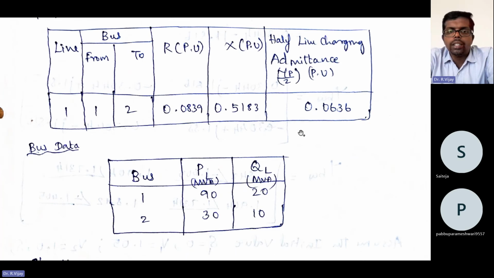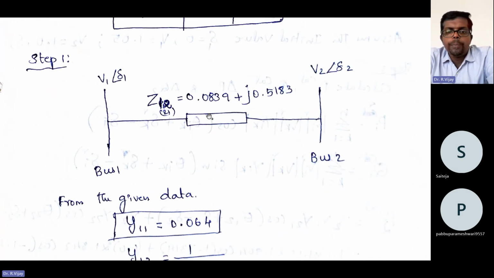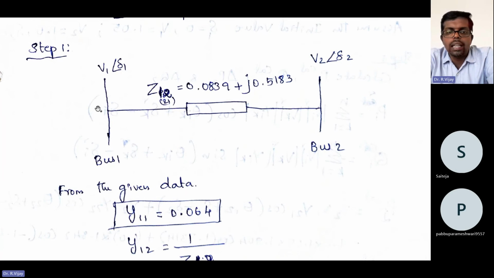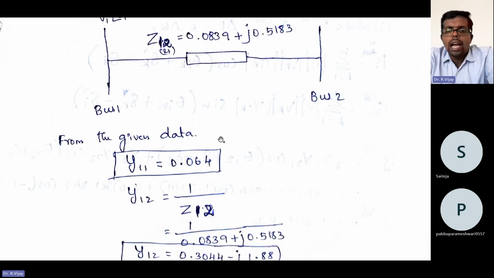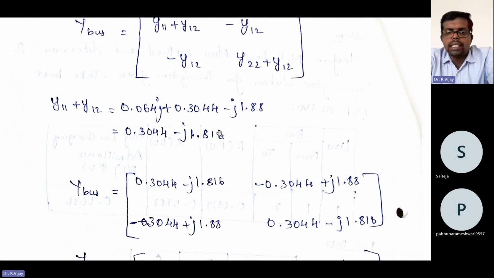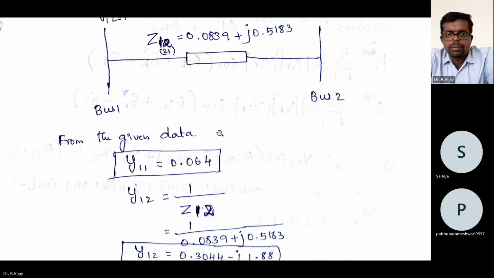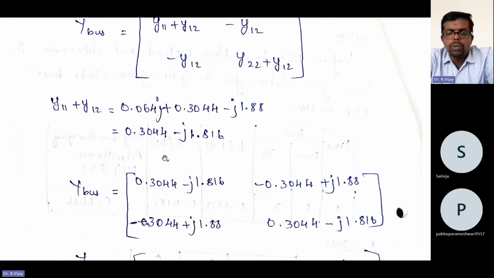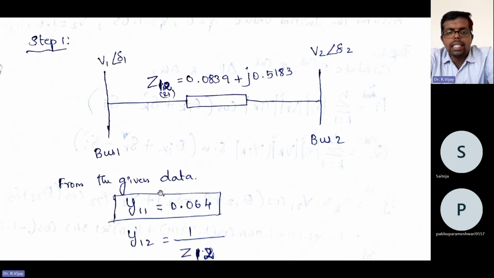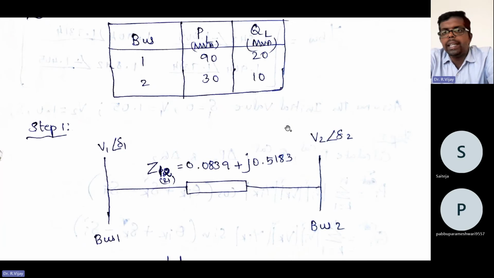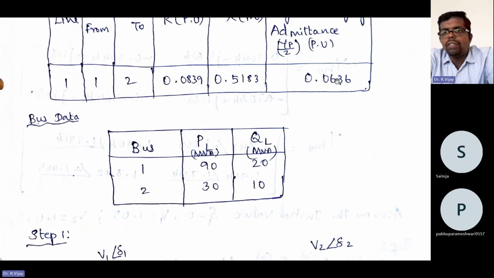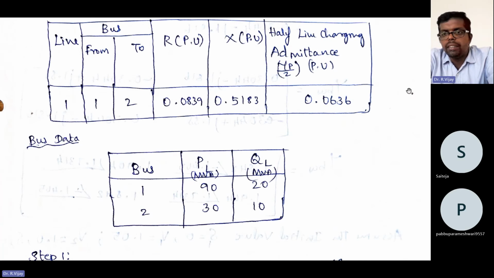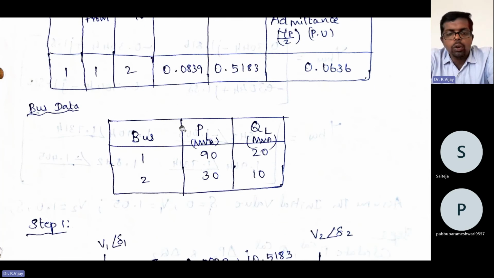That also you need to take into account. So here Y11 is 0 point something, because this line charging admittance is for both the buses, Y11 and Y22. If line charging admittance is given and nothing is mentioned, that is for all the buses, so for both buses.